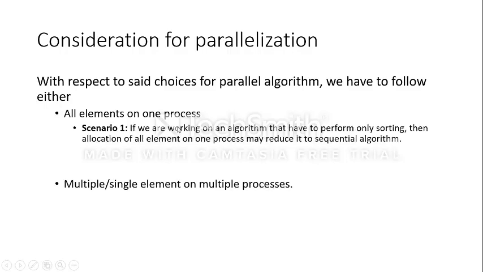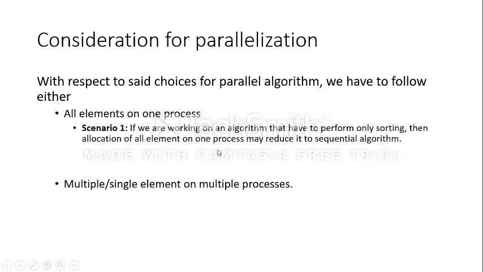Let us understand with some scenarios. The first scenario is that we are working on an algorithm that is to perform only sorting. Suppose the number of elements is just 100,000, and it is to perform no other task but only to sort the values, and we have an architecture which also has 100,000 nodes.